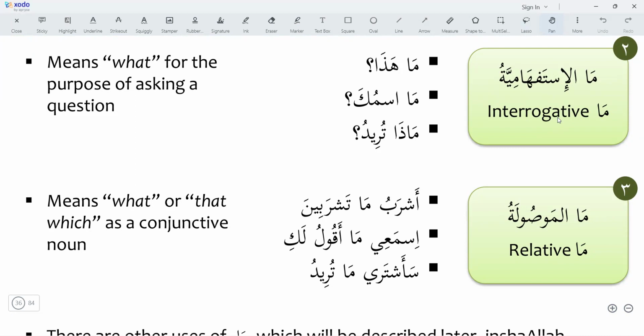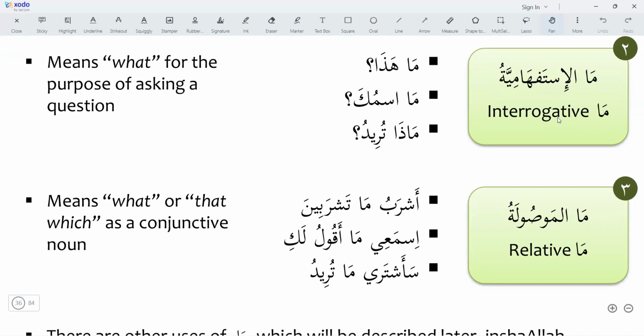You never take coffee. When we use ma ashrabul kahwa, it means you are not taking coffee now. So this is the difference between ma and la we learned in the last lesson. Is it clear? Yes, it's clear. Okay, thank you.